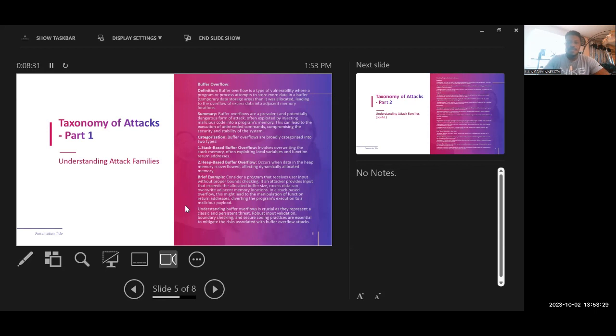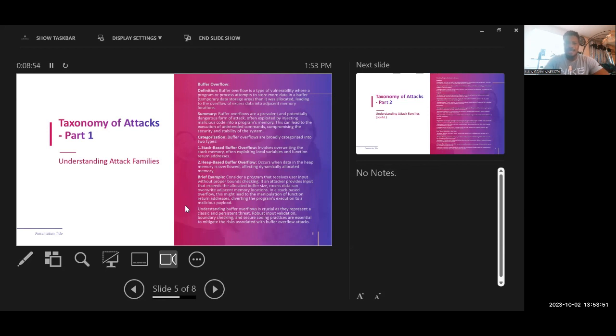You see, then we also have categorization. Buffer overflows are broadly categorized into two types. We have the stack-based buffer overflow, and we have the heap-based buffer overflow. So the stack-based buffer overflow involves overwriting the stack memory and exploiting local variables and function return addresses.